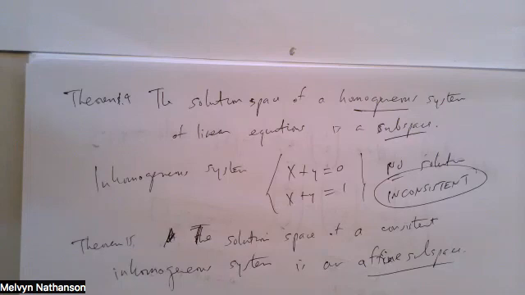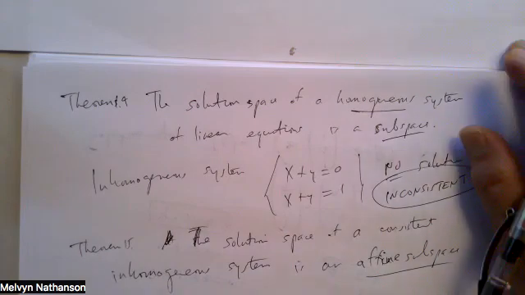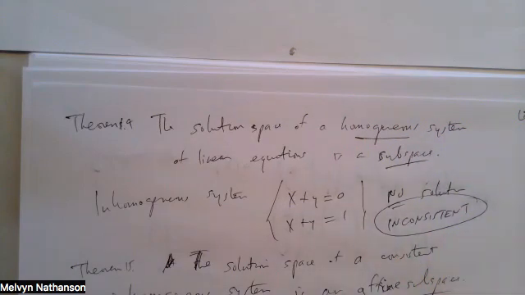If you have one equation, it's homogeneous, the solution space is a subspace. If it's inhomogeneous, the solution space is an affine subspace, with the understanding that some inhomogeneous systems are inconsistent, which means they have no solution. If there is a solution, if the system is consistent, then the solution space of the inhomogeneous system is always an affine subspace. So these are fundamental facts, almost geometrical facts in algebra about linear equations.